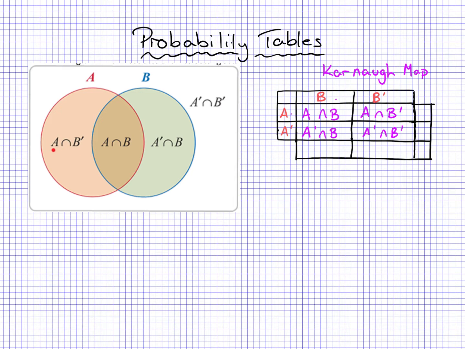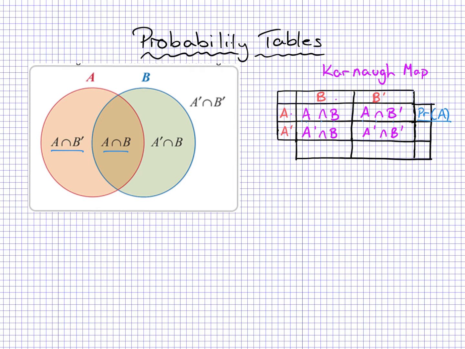If I was to add together this result and this result, that would give me all the results in the A circle. So if I go back to this Karnaugh map, if I add together A intersection B, which is the middle, with A intersection not B, which is the crescent shape here, I'm going to get P of A.